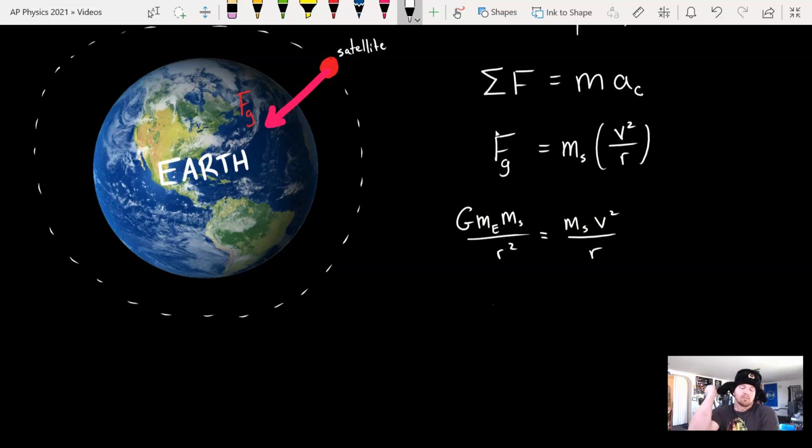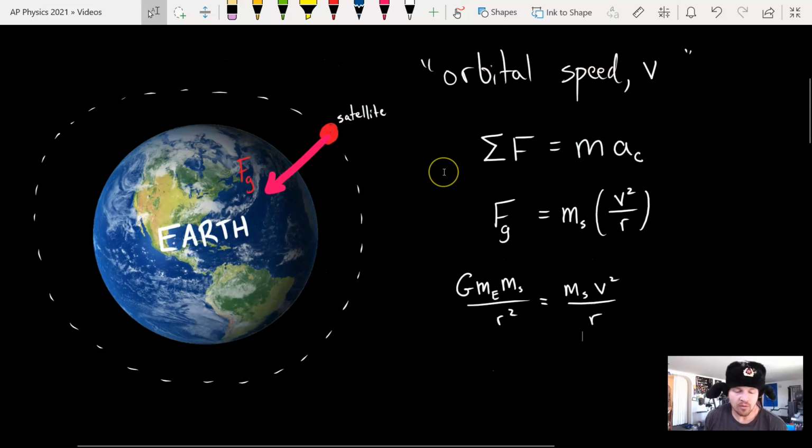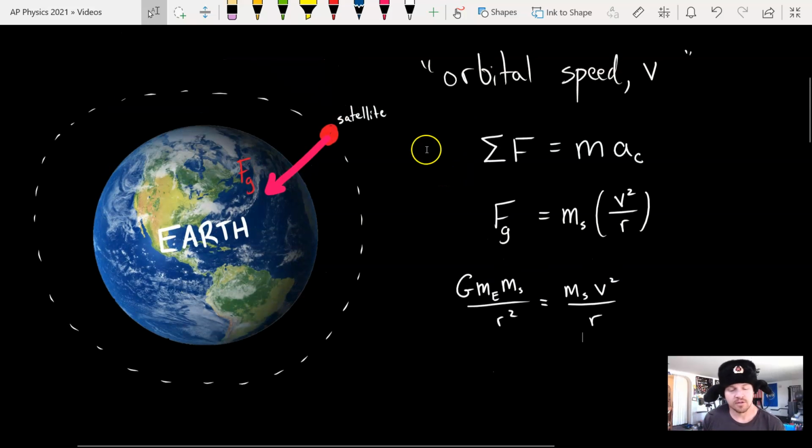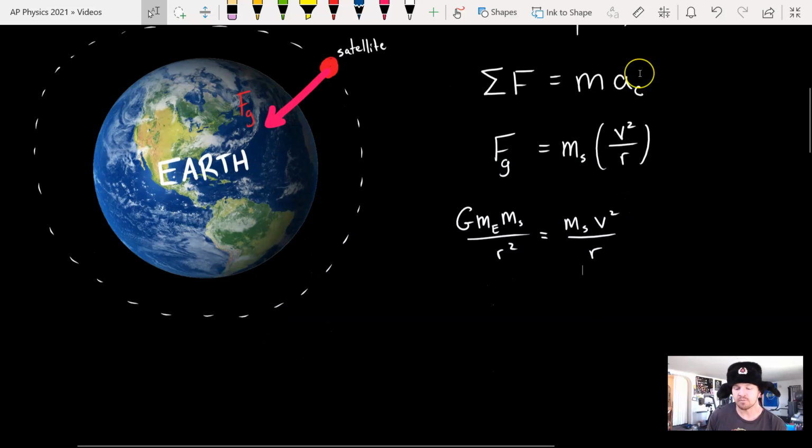Okay. Remember, my goal right now, because the setup that we're talking about originally asked me about orbital speed, is to solve for speed here. So my goal is get this v all alone. So now that's just going to take some moving around of variables. One thing I noticed right away, both sides of the equal sign have a mass of the satellite, and so I can actually cancel those out.